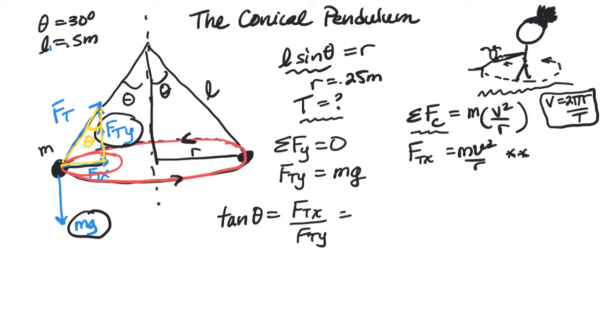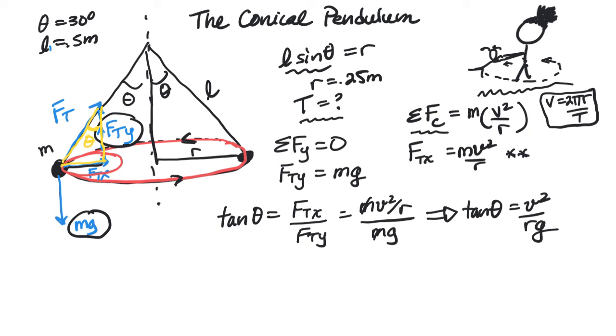And if I plug in for Ftx as mv squared over r divided by Fty, which is mg, I'll see the masses cancel out, and I wind up with the equation tan theta equals v squared over rg. Or, if I solve that for v, v equals the square root of rg tan theta.